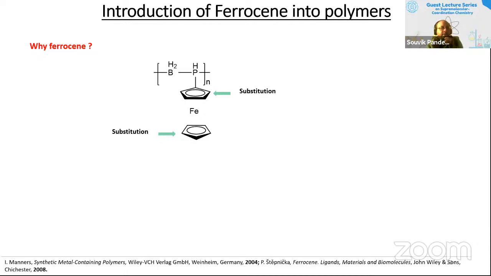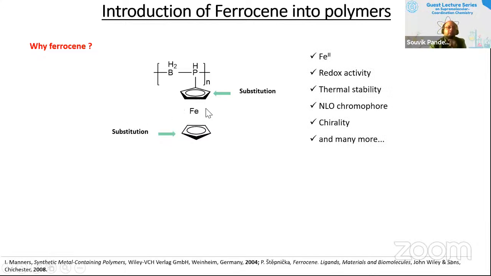But if you introduce something there, you actually have a lot of opportunity to modify this thing, and by this way you have a lot of products you can play with, and you can get a lot of new material out of this. That's why if I introduce only one ferrocene here, I can introduce a lot of properties, a lot of substitution here. We have already a metal.